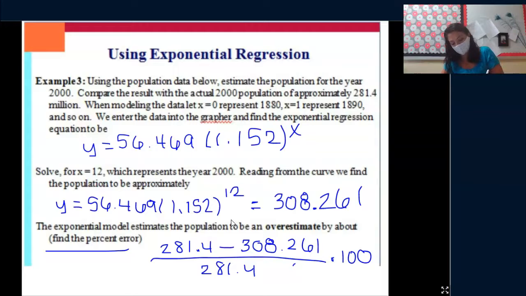And we have an overestimate of 9.545%. And in case you forgot, it's the absolute value of the numerator.